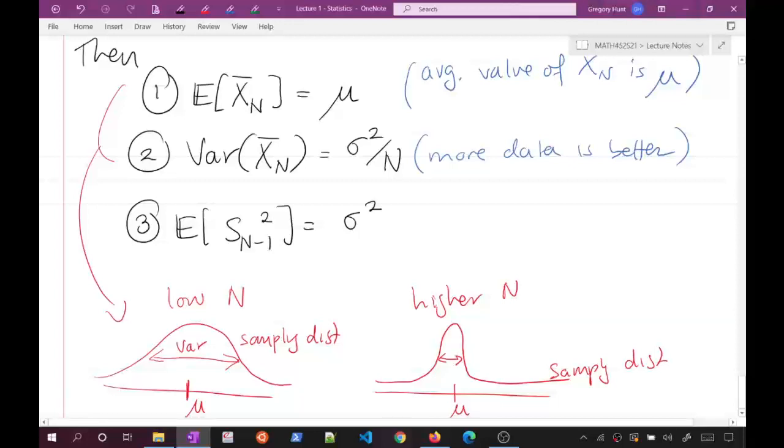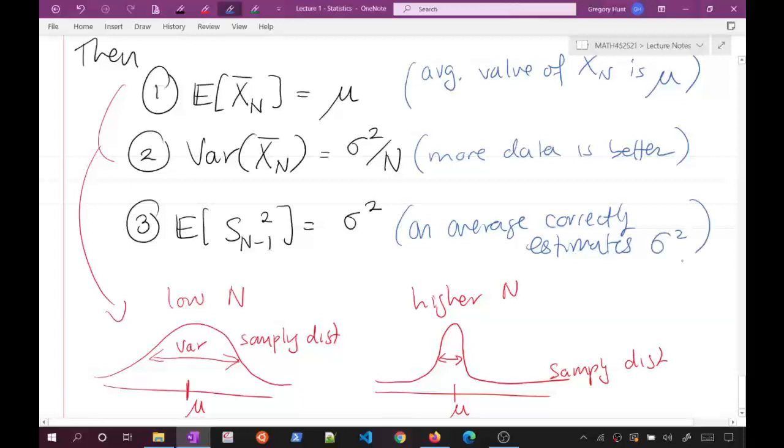This third fact is not actually about x bar. It's about the sample variance, S squared. And it also basically says that on average it correctly estimates sigma squared, the variance.